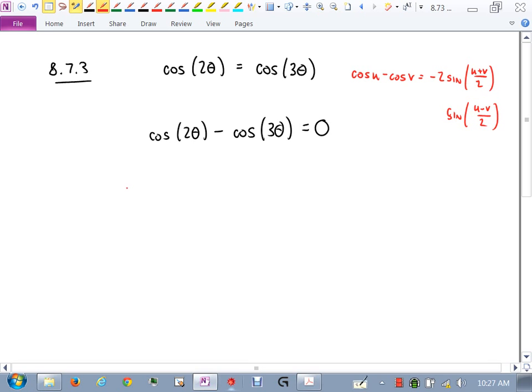Is that what y'all have on your formula sheet? Yes. So this whole thing becomes -2 sine of, what's U plus V? 5 theta over 2, times sine of U minus V, -theta over 2, equals 0.